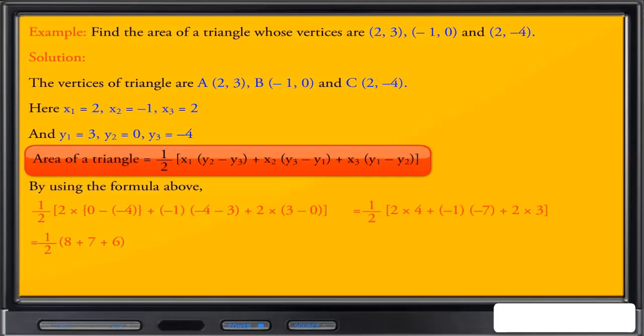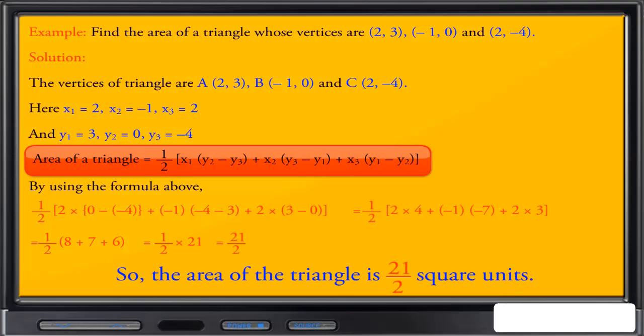This gives 1/2 into (8 + 7 + 6), which is equal to 1/2 into 21, which is equal to 21/2. So, the area of the triangle is 21/2 square units.